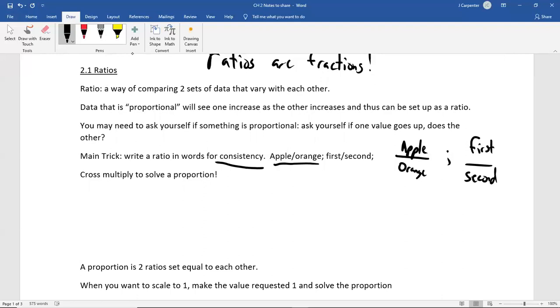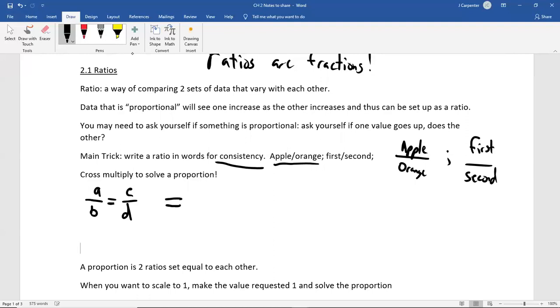So if you have A over B equals C over D, this is what a proportion looks like every single time. A fraction equal to a fraction. Cross multiplying means you take the top left and you multiply it by the bottom right, and then you take the top right and multiply it by the bottom left.